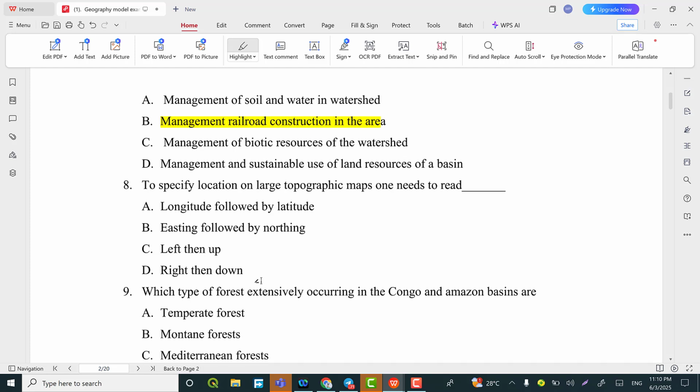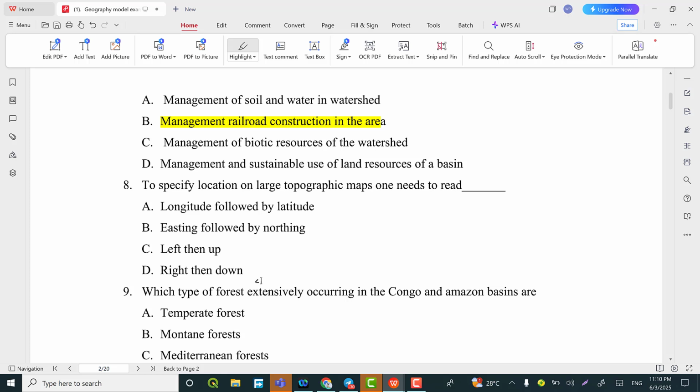Question number 8. To specify location on large topographic maps, one needs to read A. Longitude followed by latitude. B. Easting followed by northing. C. Left then up. D. Right then down.